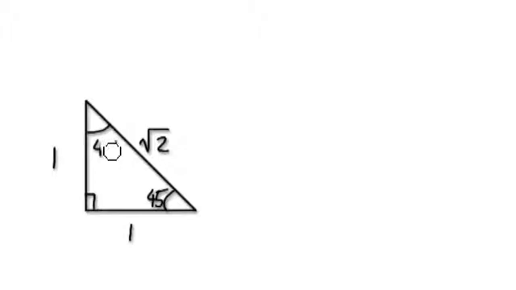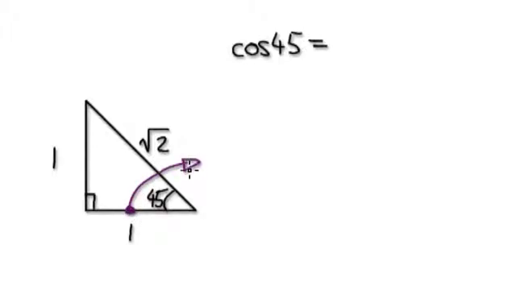So if you cosine 45, remember cosine is like the cord jumping out of the water. That equals 1 over root 2.